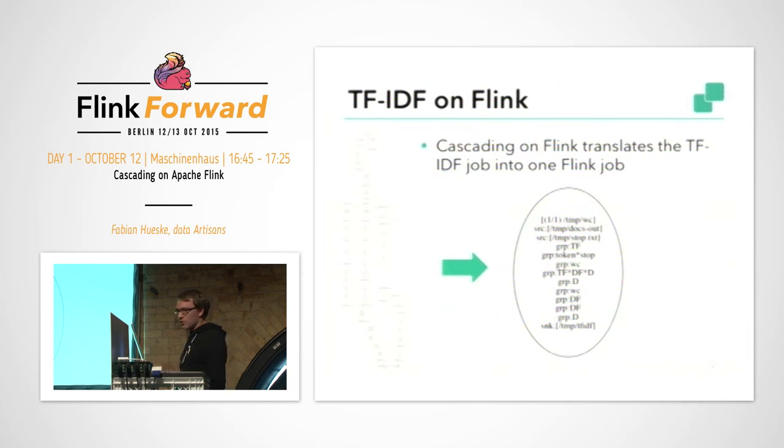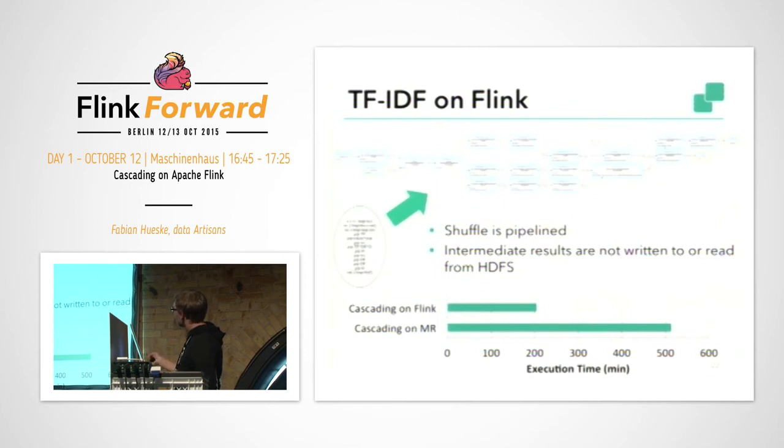For executing the whole thing on Flink, we get 1 job, which is this giant box here, which contains everything. And if we look into that, the Flink execution plan looks like this. If we compare the performance here, you see that we get a speedup of a factor of 2.5 compared to the MapReduce numbers.